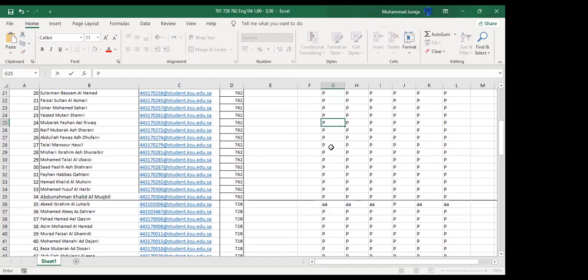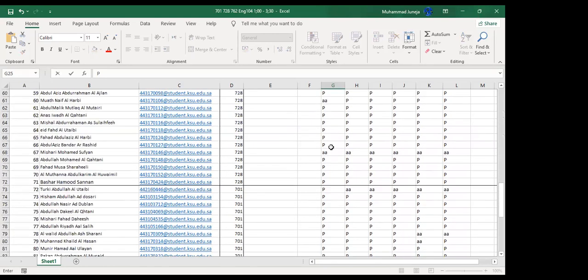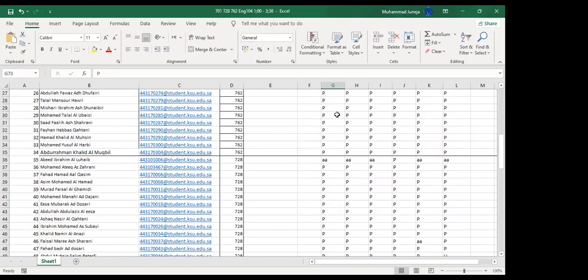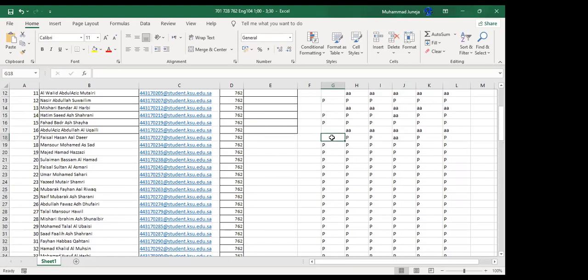What's his name? Turkey. Yes. Yeah, remember your number is 72. Okay. Yeah, remember 72. Faisal Hassan, 17. Abdul Aziz, 16.